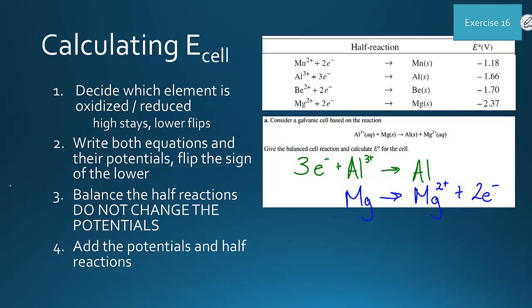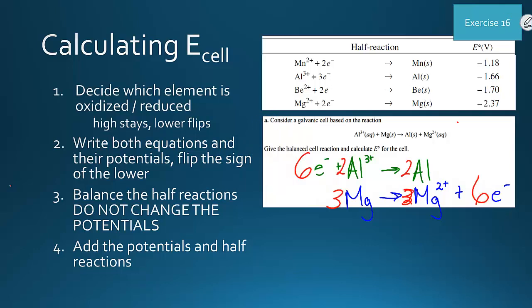Since these reactions happen at the same time, they have to produce and absorb the same amount of electrons. So both half reactions have to have the same amount of electrons in them. If I were to double my aluminum reaction, that would give me 6 electrons, and if I were to triple my magnesium reaction, that would give me 6 electrons, and the reaction would balance.